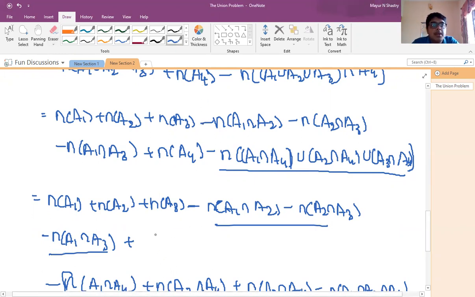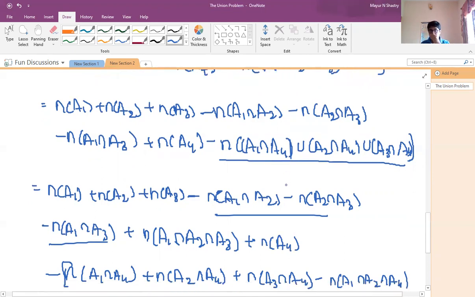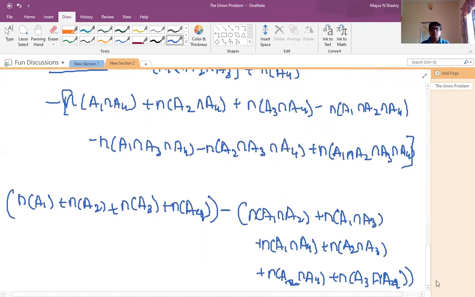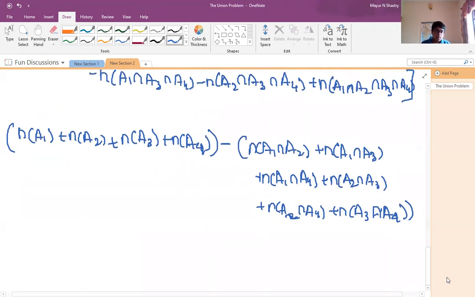Sorry for that blunder. Yep, now it's proper. So there would be a plus n of A1 intersection A2 intersection A3.